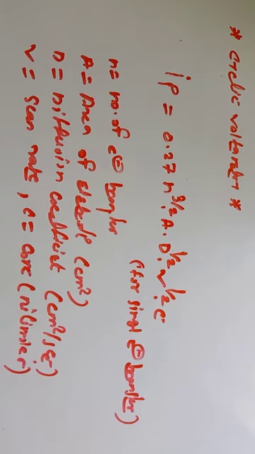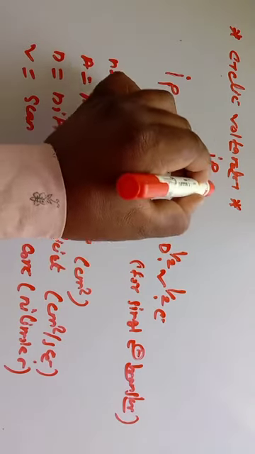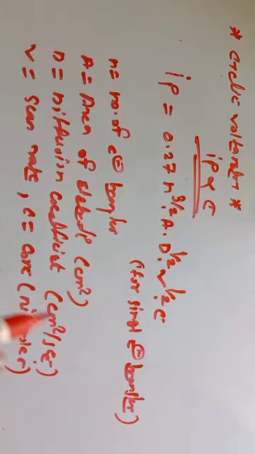So what does the peak current equation tell us? The peak current ip is directly proportional to the concentration.